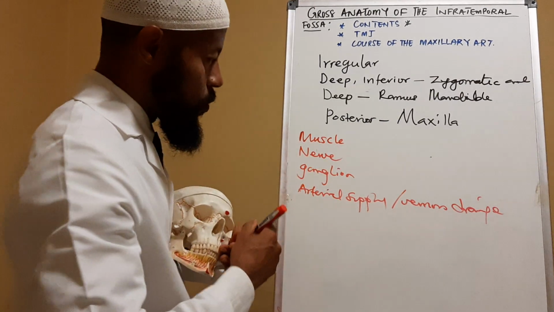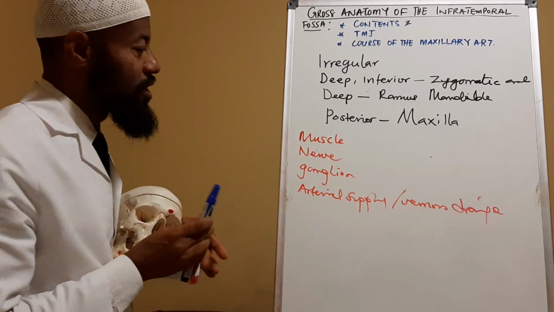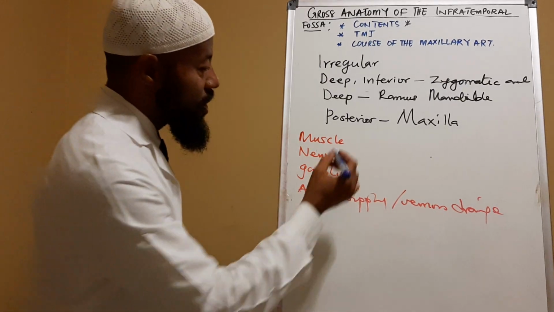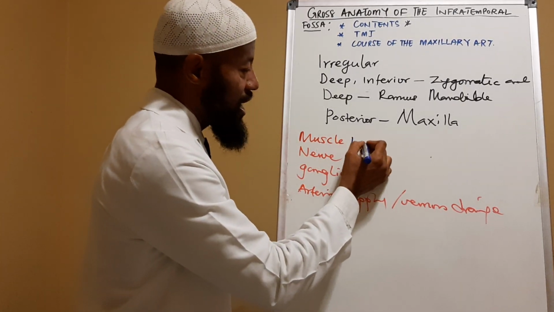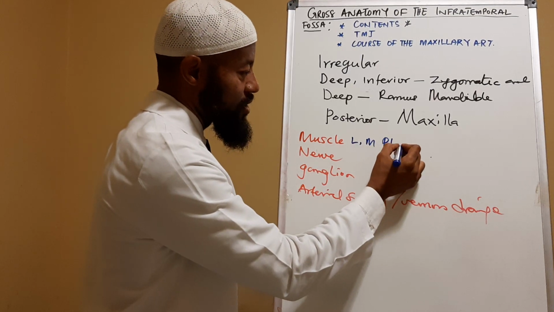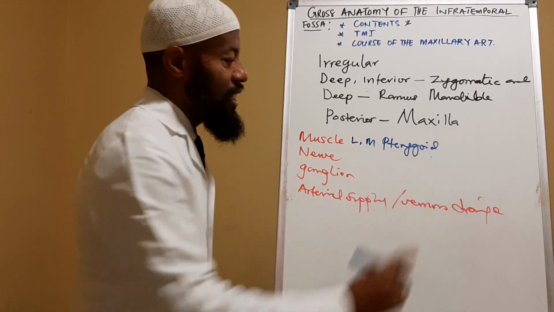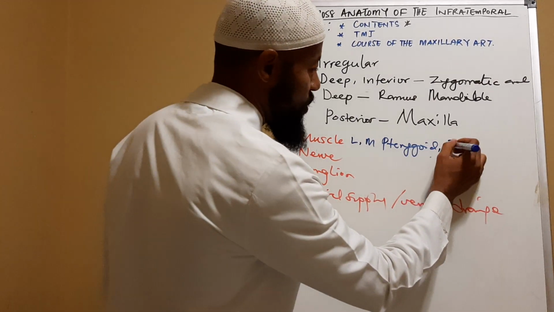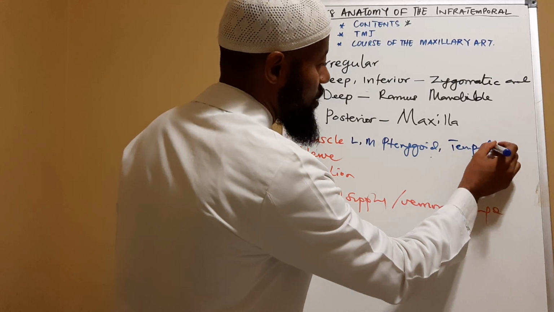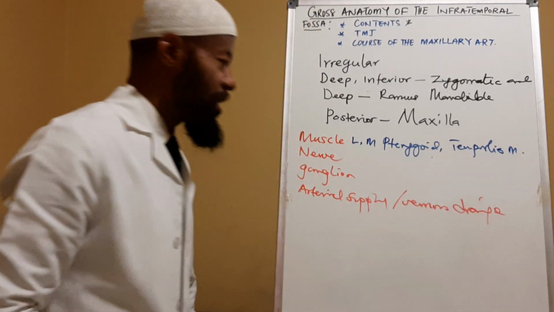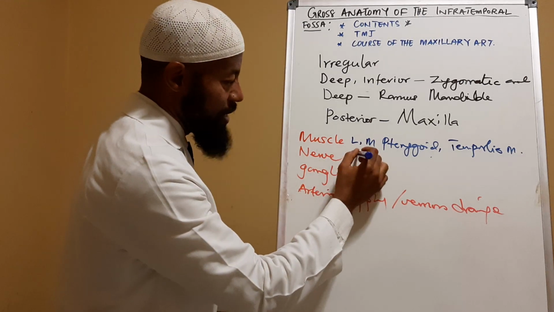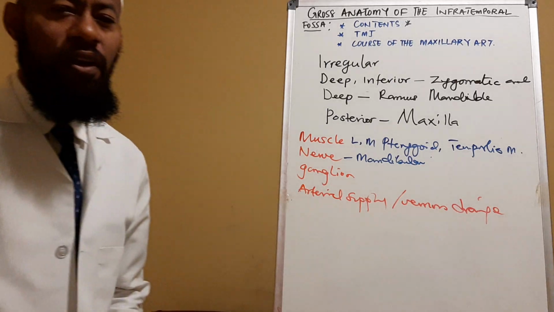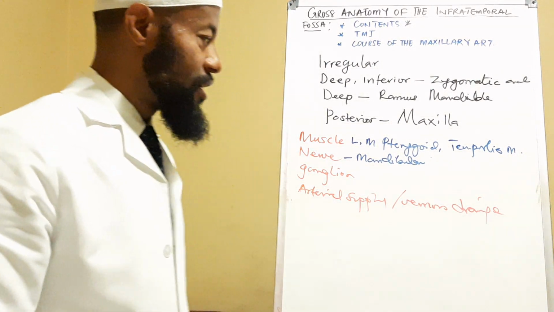Let us find out what these structures are, to be very precise. The muscles are the lateral and the medial pterygoid muscles, as well as the inferior part of the temporalis muscle. How about the nerves? Basically it is the mandibular nerve, and we know the mandibular nerve is a branch of the trigeminal nerve.